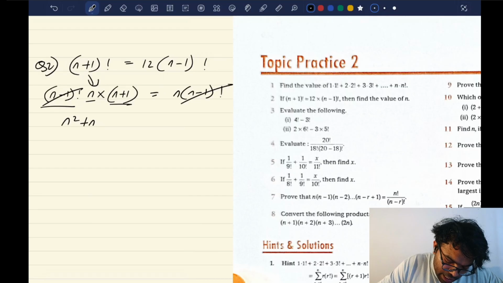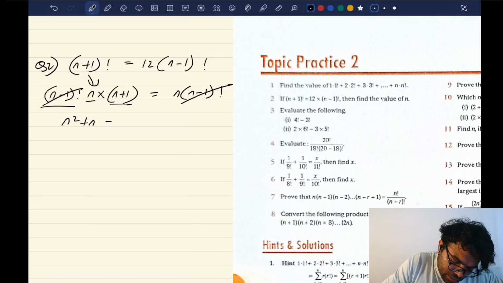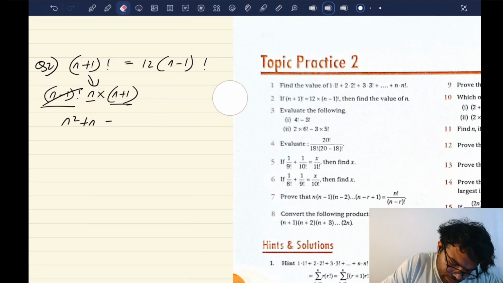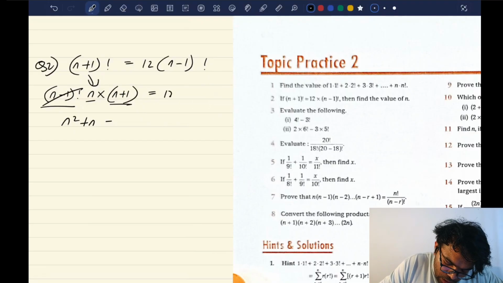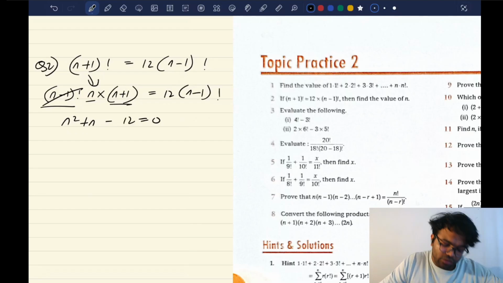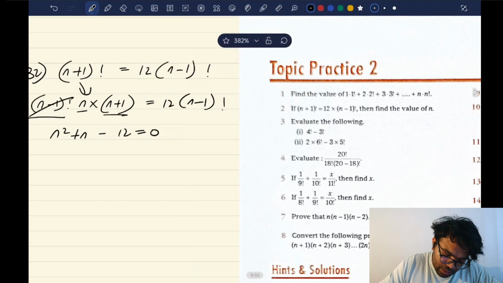n square plus n minus 12 is equal to 0. Clear?